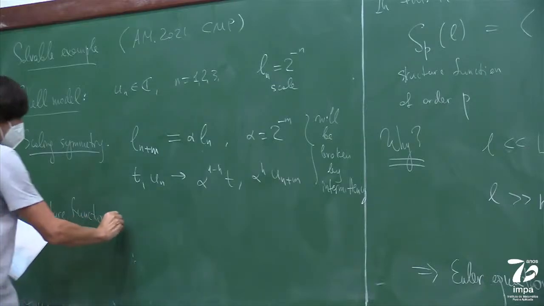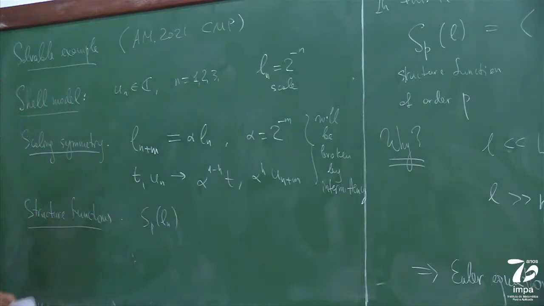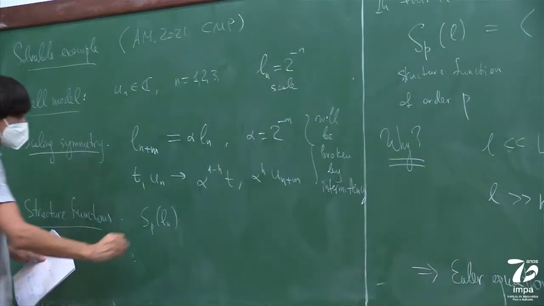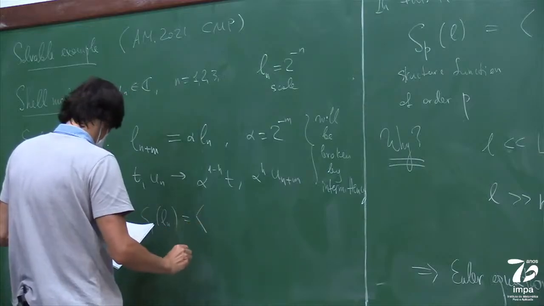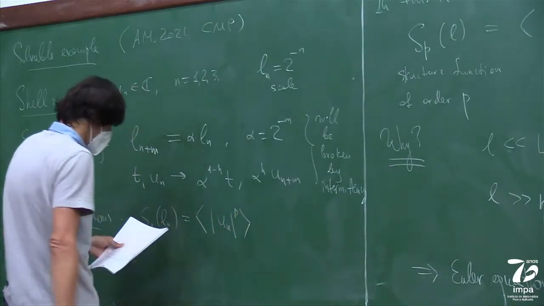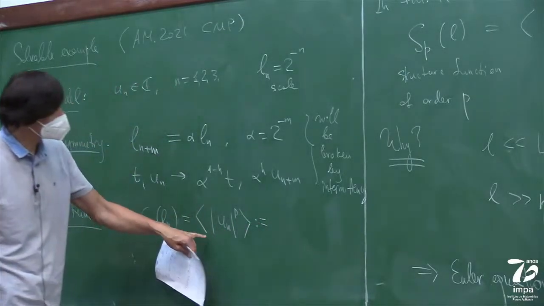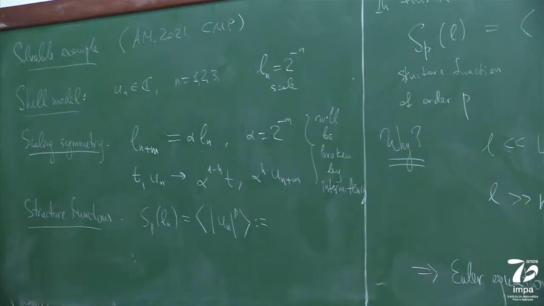Structure functions on these scales are defined as the average of u_n to the power p. And this is by definition a temporal average. So we have no space in the usual form.